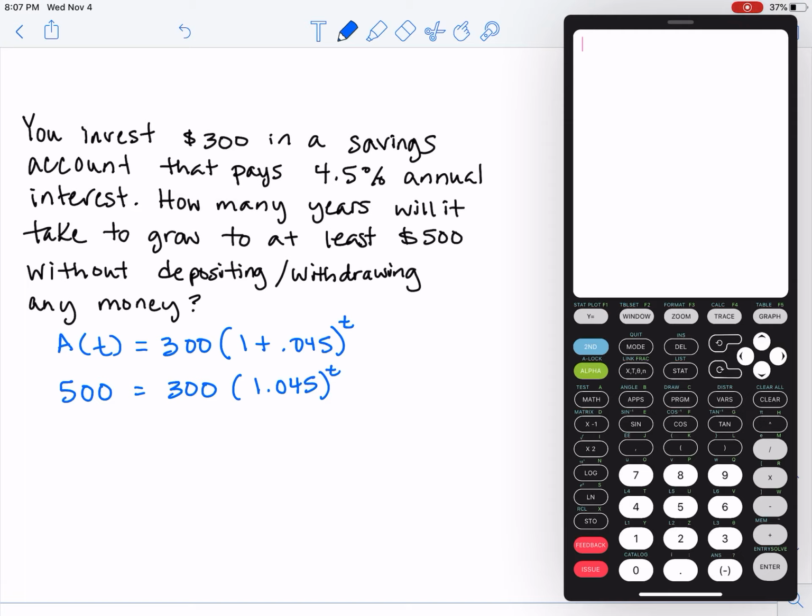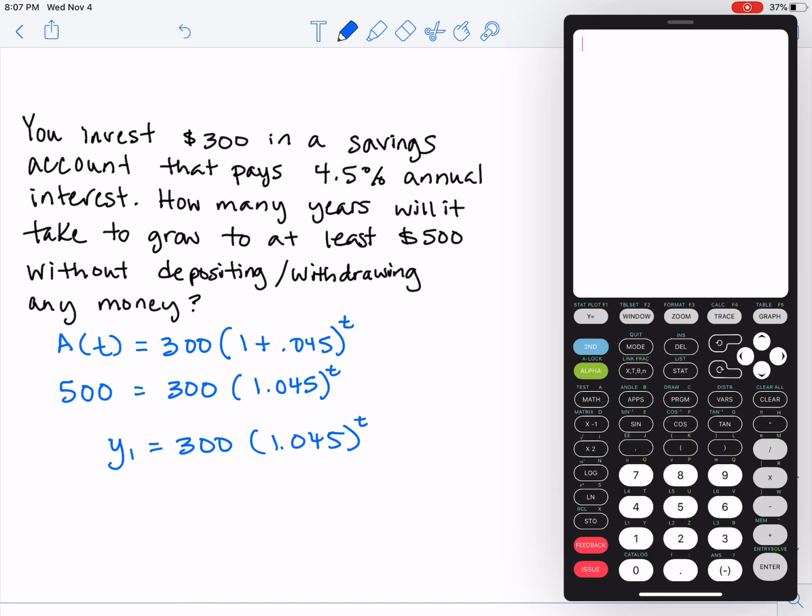Okay, so we're going to use our table function in our calculator to find where the output is about $500. Like, after how many years will I have $500? So under Y1 in your calculator, I need you to put 300 times 1.045 raised to the t.